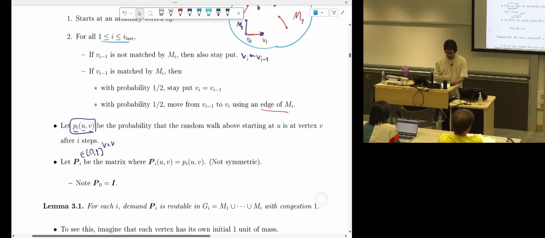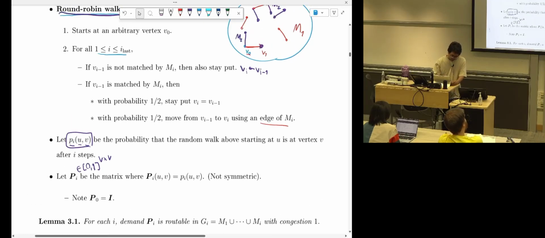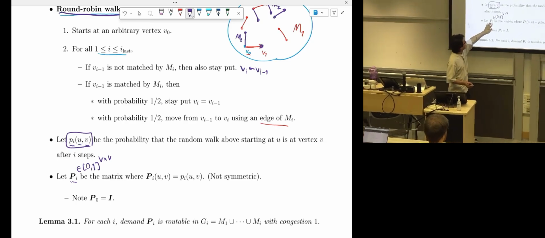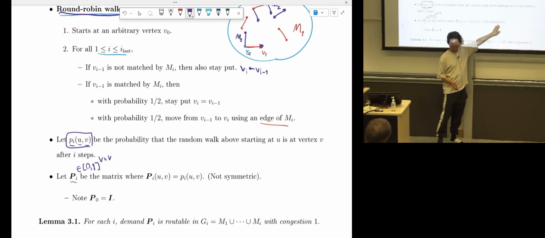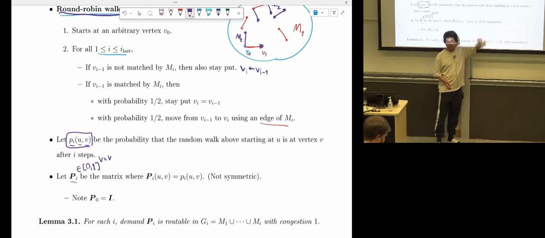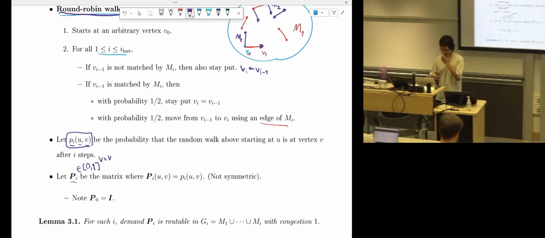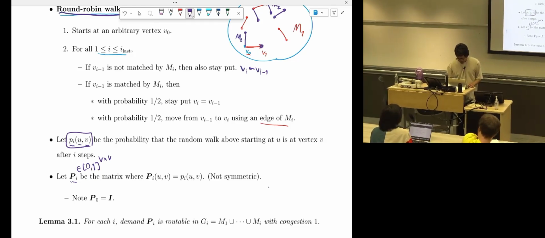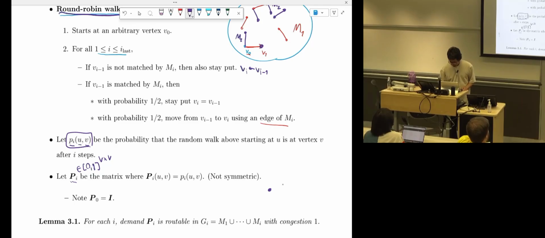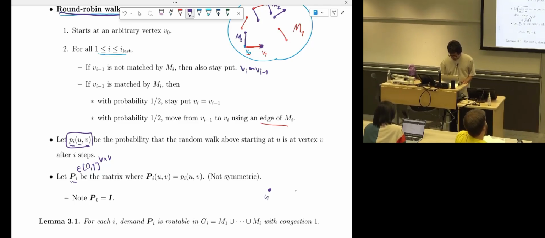So now here's a claim. Think of P_i here as a matrix. It's not going to be symmetric, by the way. For example, maybe this is u, this is u1, u2, u3, and this is in M1, and this is in M2.